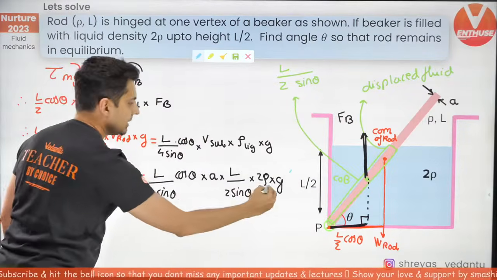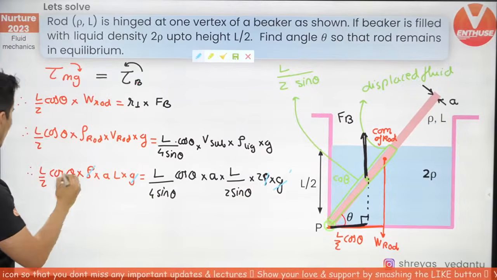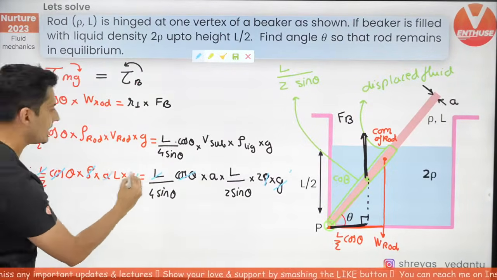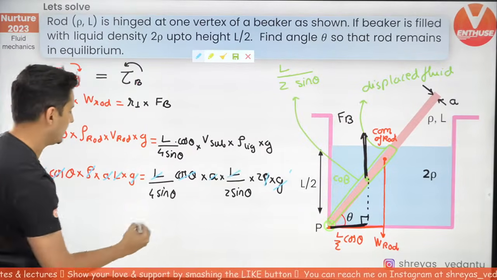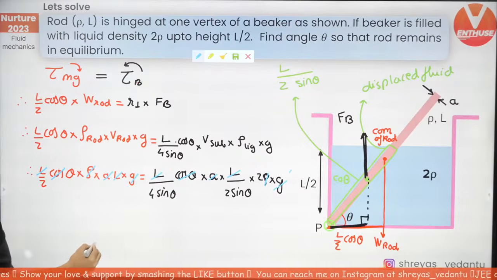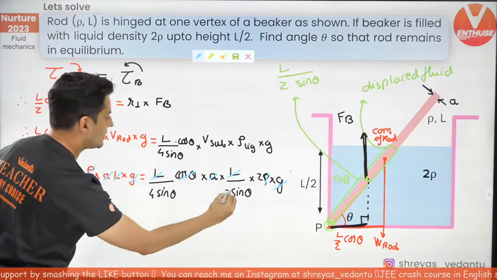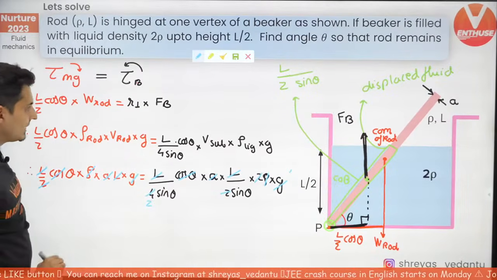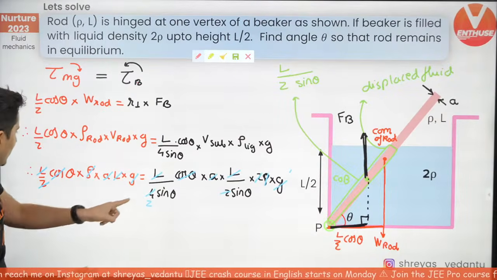Now if you try to cancel out, let's see, G goes, rho and this rho goes, length goes, cos theta goes, area goes, one more length goes. Then we also have this 2 and this 2 going, this 2 with this 4. Now I think it makes sense. And now see what is remaining over here, nothing is remaining.